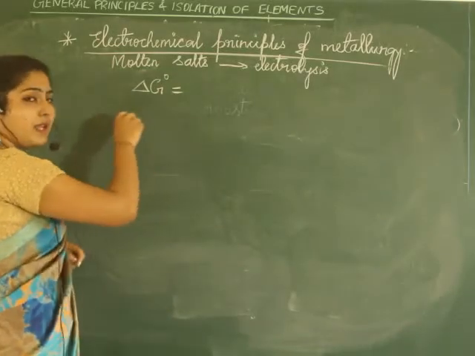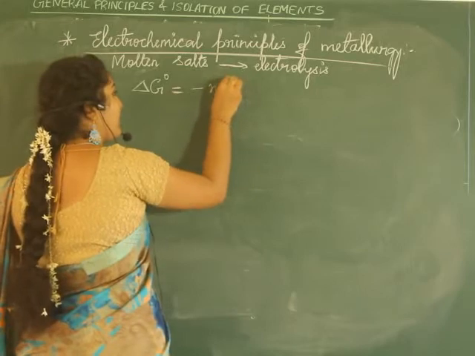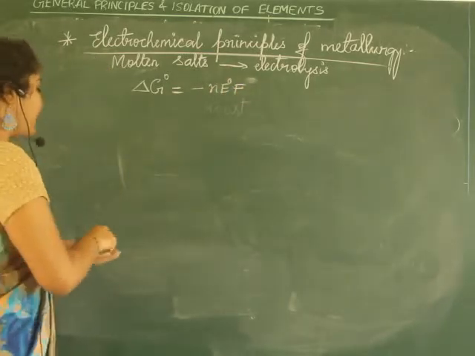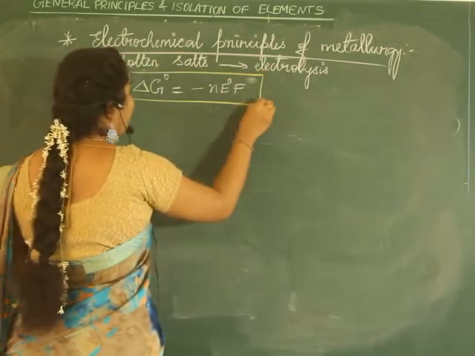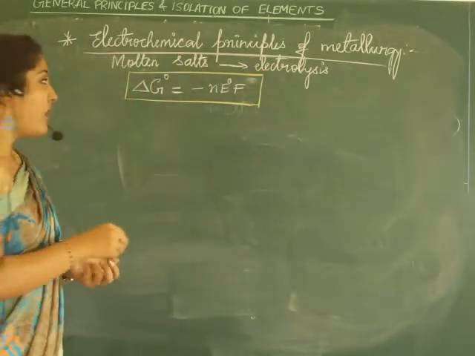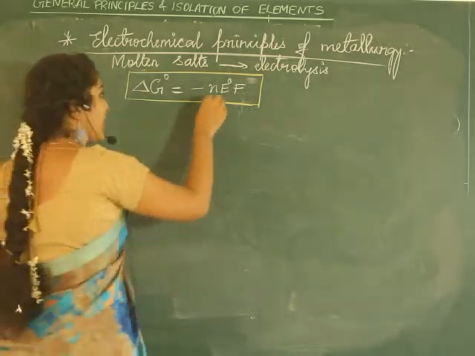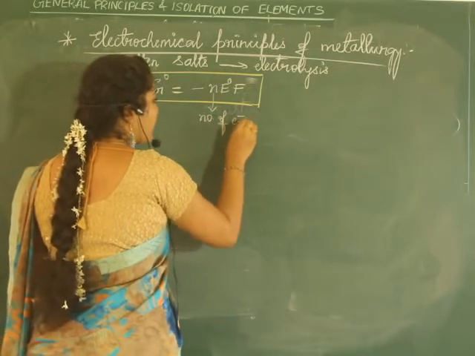Molten salts are subjected to electrolysis, and the basic idea is that delta G naught must be negative again. Here is an expression: minus n E naught F. Delta G naught is equal to minus n E naught F. What is delta G naught? Standard Gibbs free energy change. n is the number of electrons.